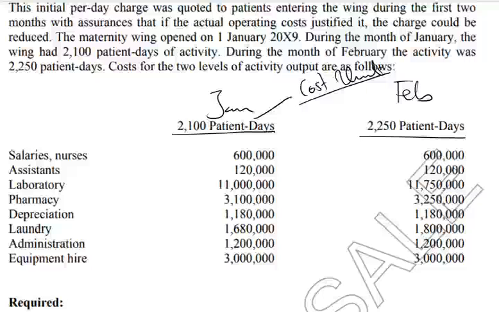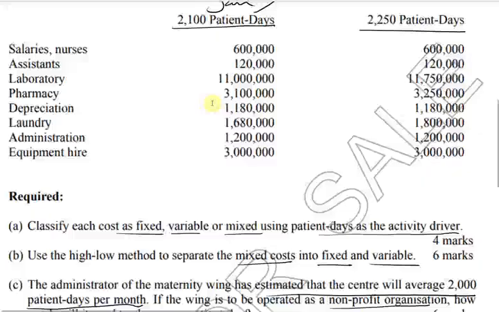So we are seeing all this cost. Let us talk about the first requirement. They're telling us to classify between fixed, variable, and mixed. Before we classify, let us remind each other about the characteristics of these costs. We have fixed costs.